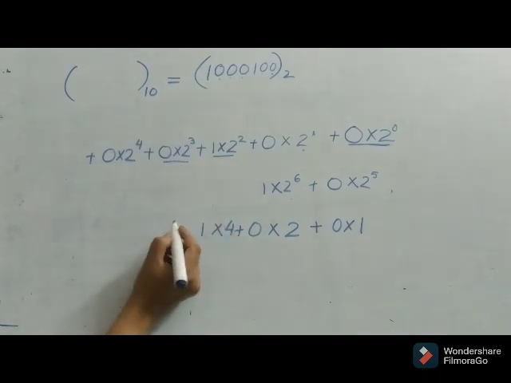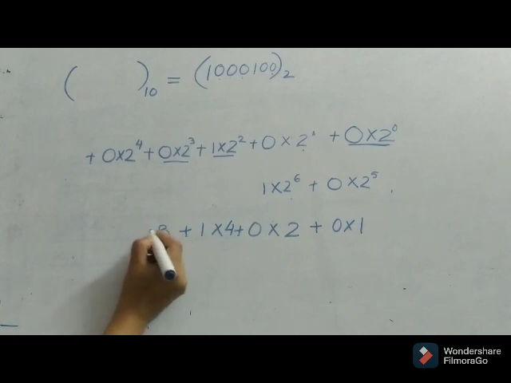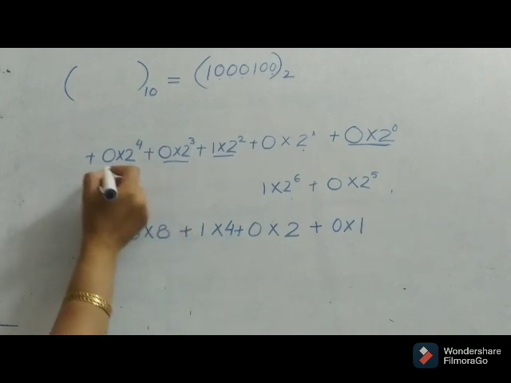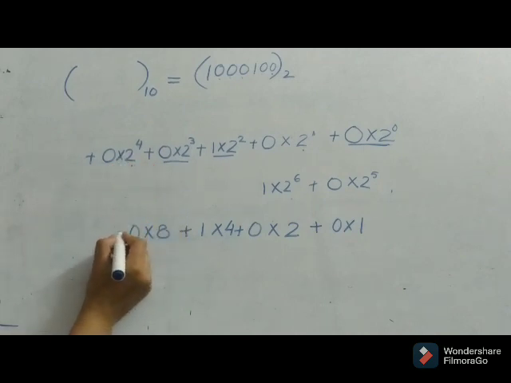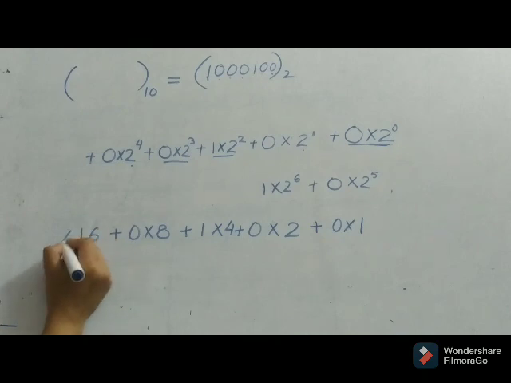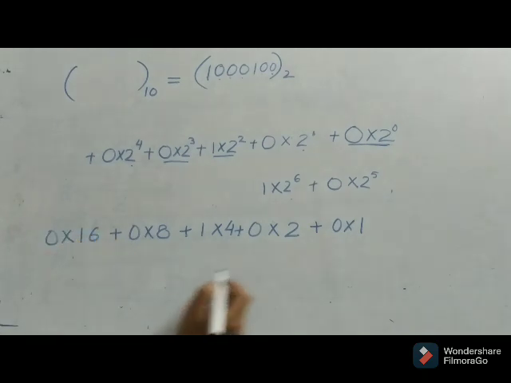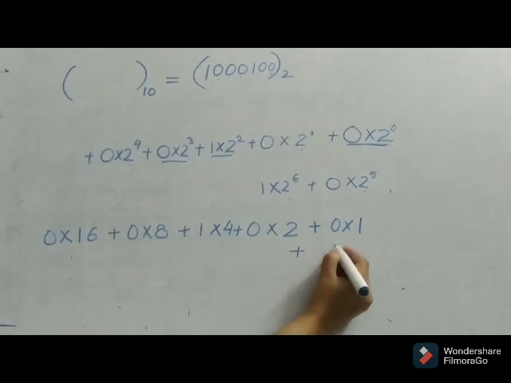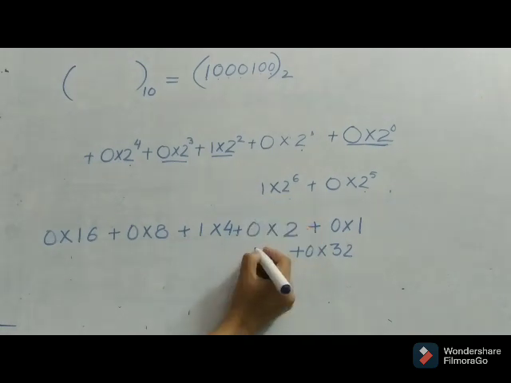Then 2 to the power 3, that is 8, multiplied by 0. Then 2 to the power 4, that is 16, multiplied by 0. Then 2 to the power 5, that is 32, multiplied with 0. And you have 2 to the power 6, that is 64, multiplied with 1.